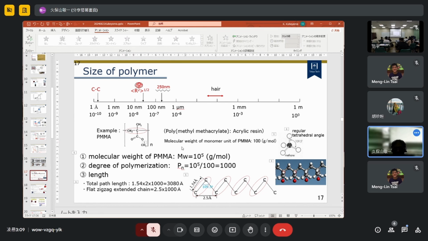The molecular weight of the monomer unit, this part, is about 100 gram per mole.